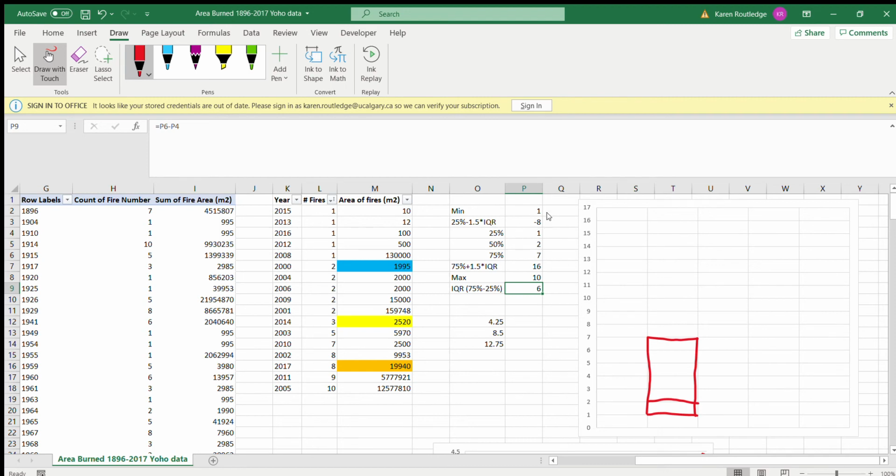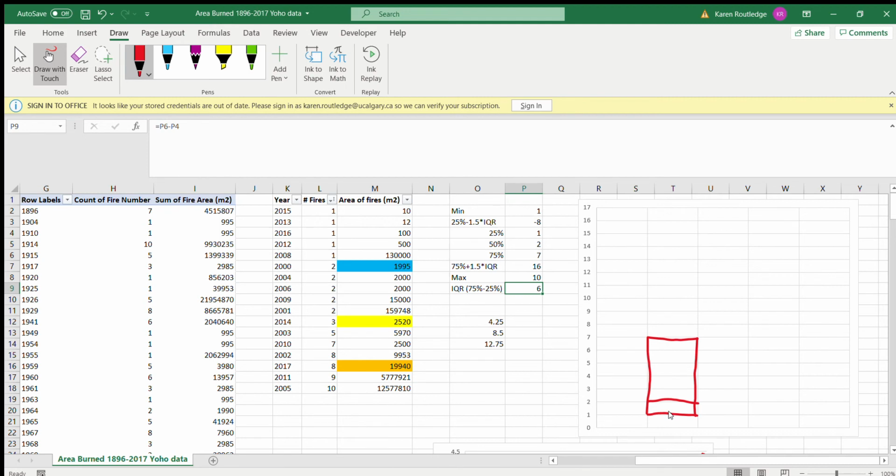So the minimum whisker will be kind of down here somewhere. The minimum whisker will extend down to whichever one of these is closest to the median. The other way of saying that is it will extend to whichever one of these is larger. Now 1 is larger, it's closer to the median than -8, so our whisker is going to extend down to the value of 1.